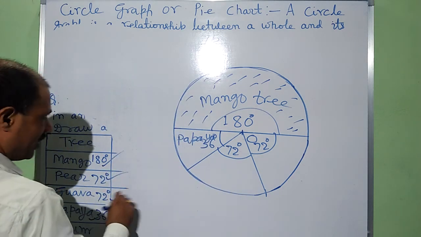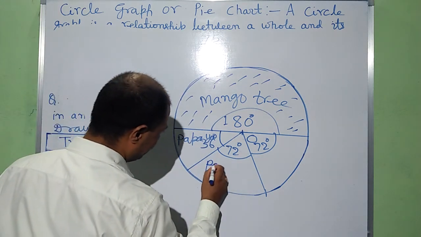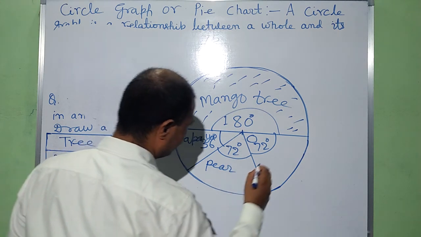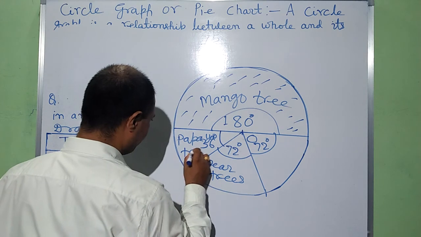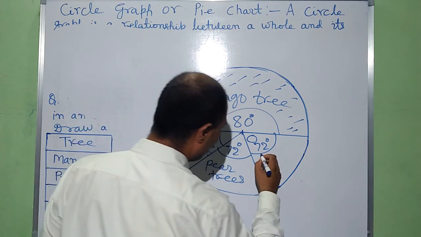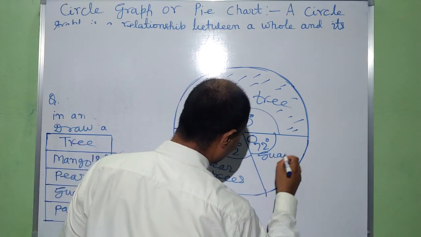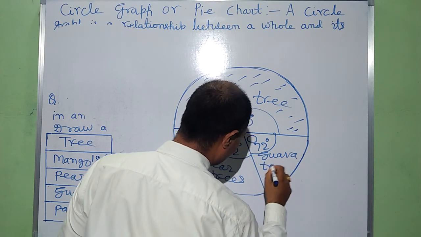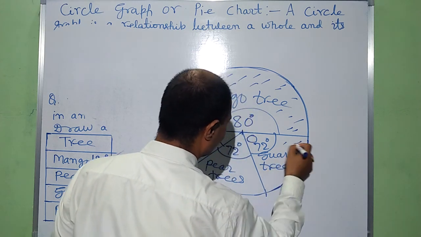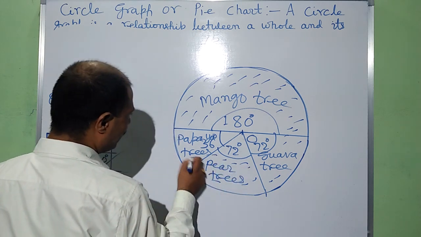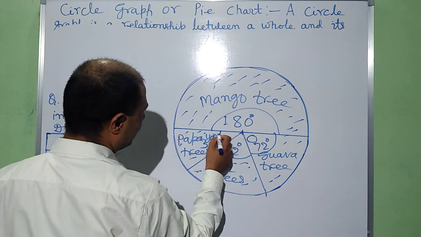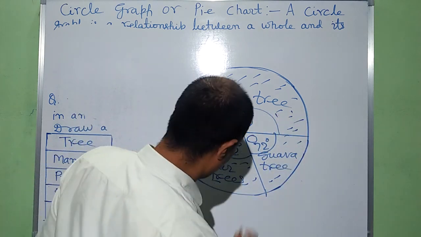Pear trees and guava trees. This is the pie chart or circle graph for the given information.